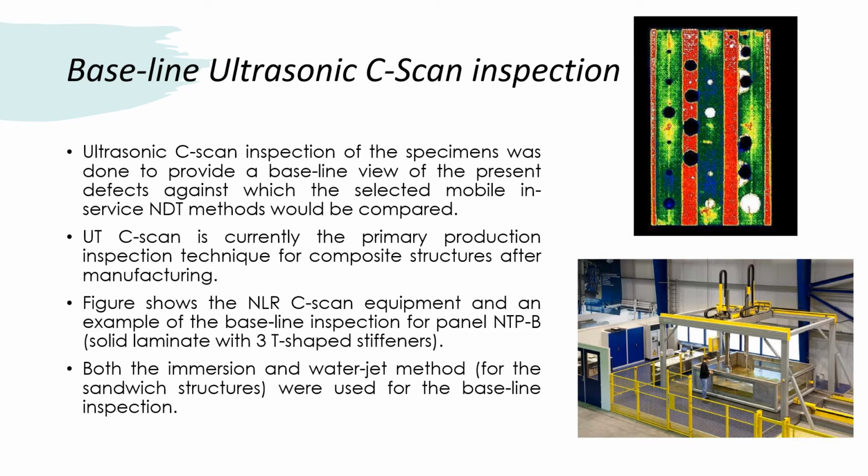Both the immersion and the water jet methods were used for the baseline inspection. Here is a picture during the testing, and here is the picture of the C-scan display of the material.